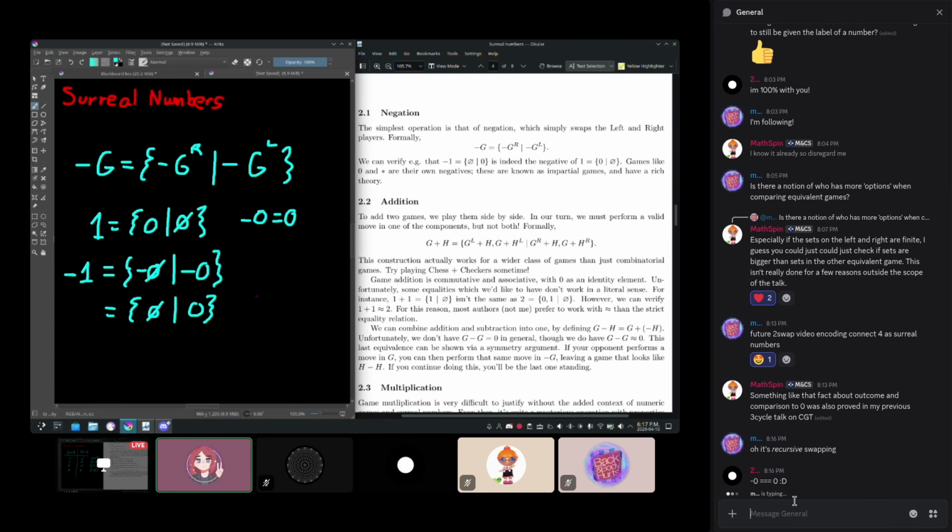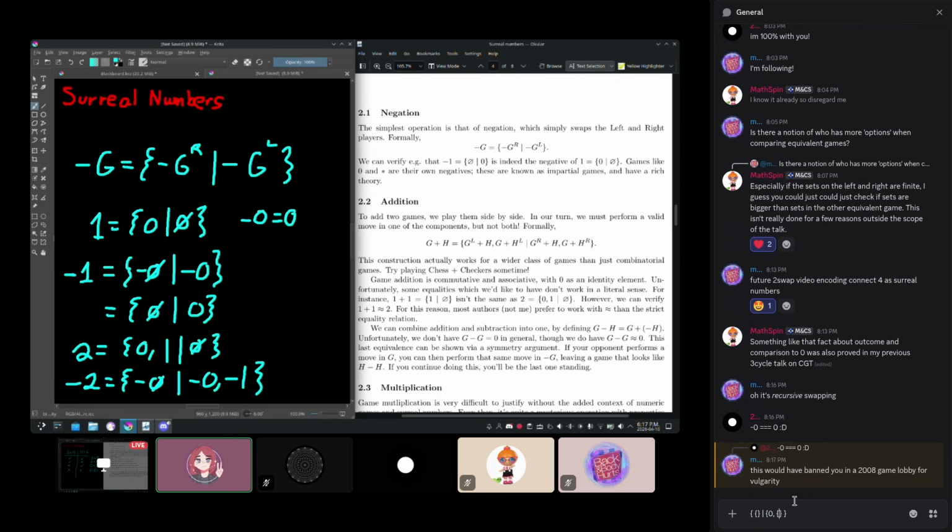I think a more interesting example might be what happens with 2. I define 2 as {0, 1 | }. So the negative of 2 is going to be the negative of the empty set on the left side, then the negative of 0 and the negative of 1 on the right side. Again, the negative of the empty set is just the empty set, and the negative of 0 is just 0.